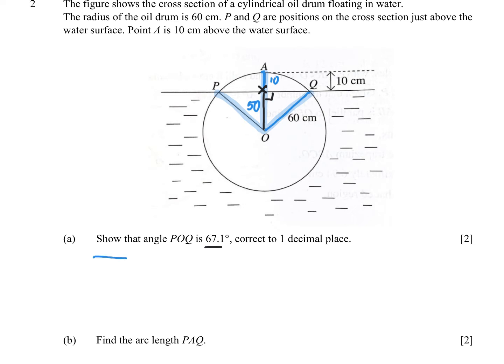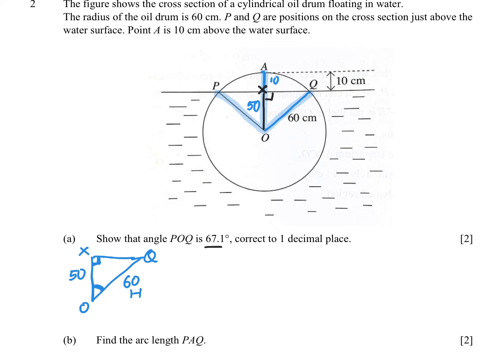So now let's take a look at this triangle over here. We have 90 degrees over here. I call this X. This should be 60 and this is 50. In order to find this angle, let's call it XOQ, I shall use the SOH CAH TOA. This is my 90-degree angle, and this is always my hypotenuse.